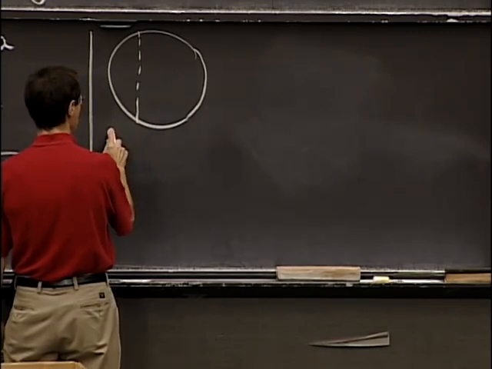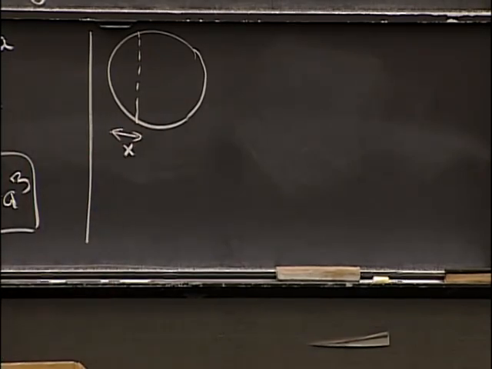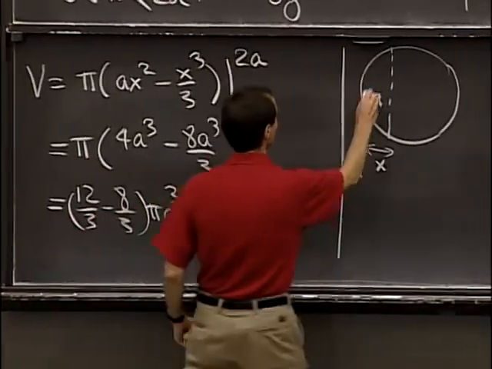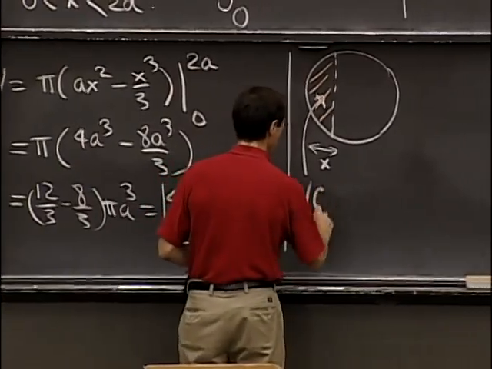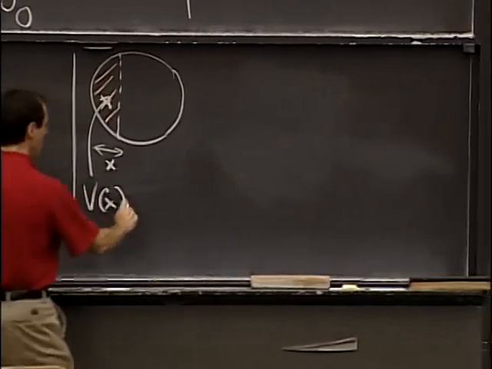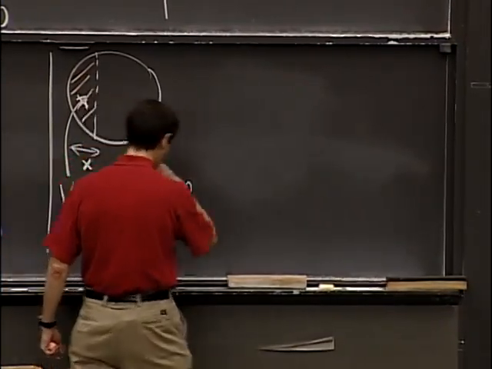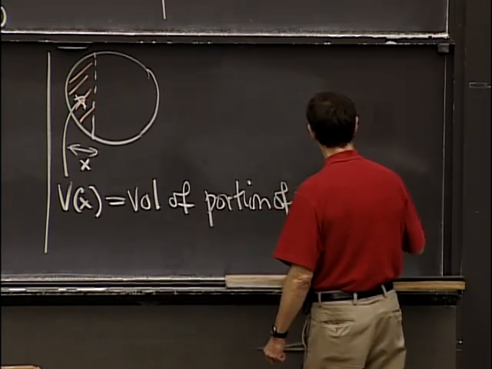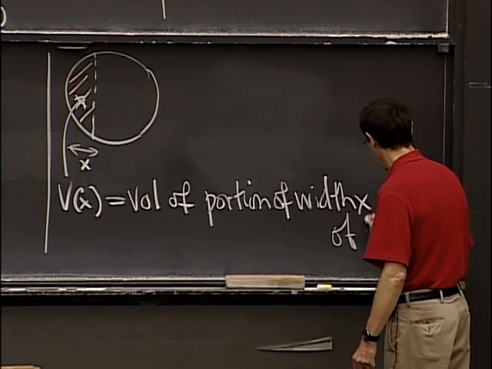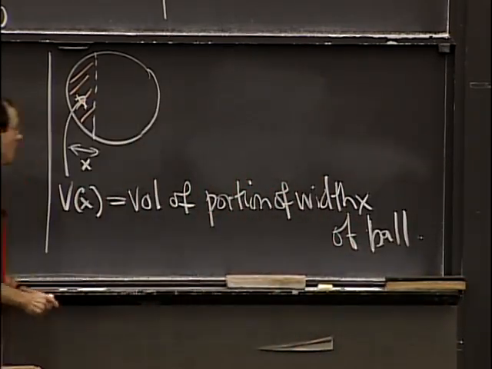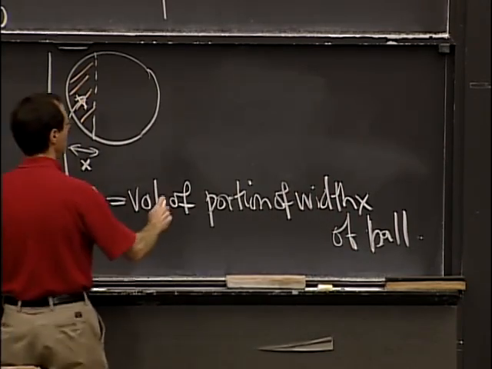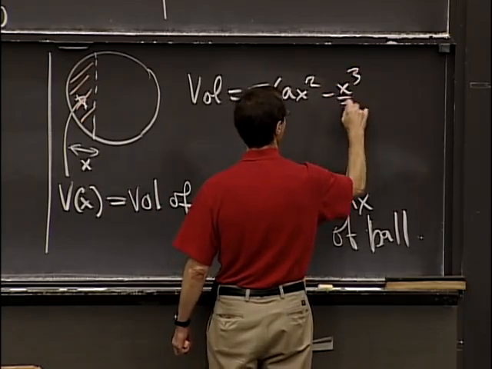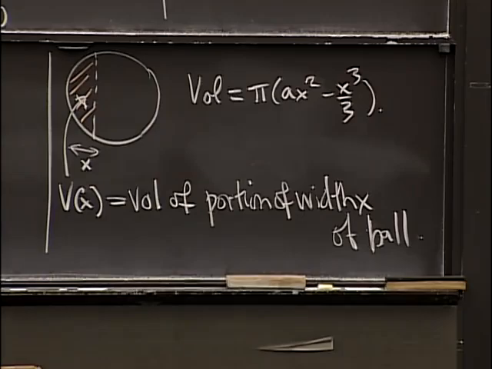If I chop this thing, and this portion is x here, then the antiderivative here, this region here, which I'll fill in, which I'm going to call v of x, is the volume of the portion of width x of the ball. And the formula for it is that the volume is equal to pi times ax squared minus x cubed over 3. That's it. So we've got something which is actually a lot more information.